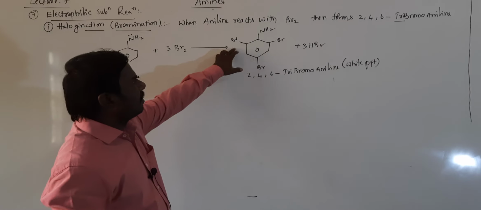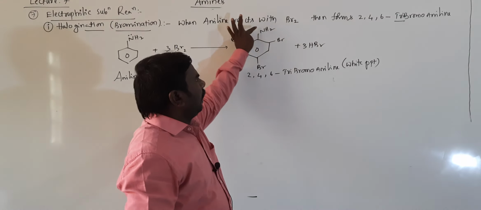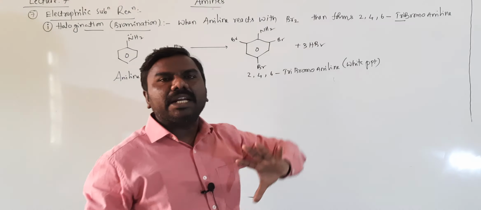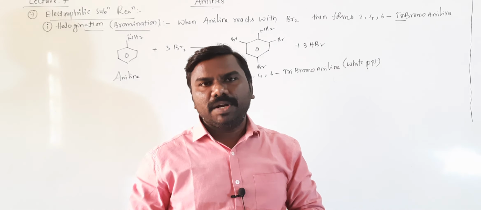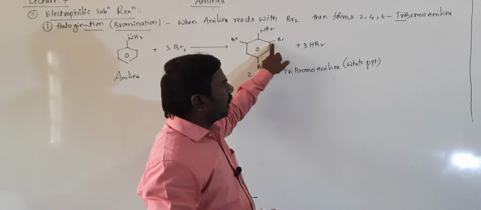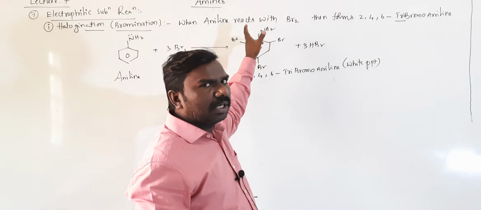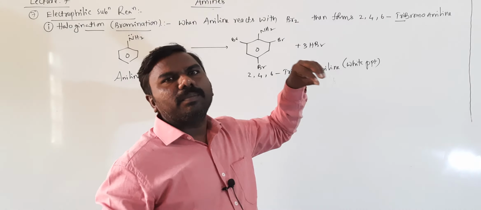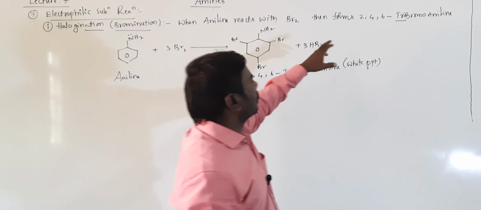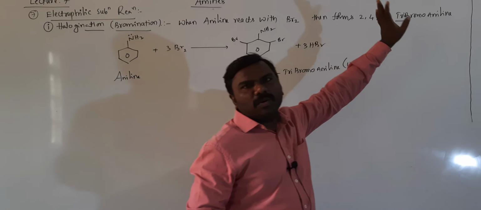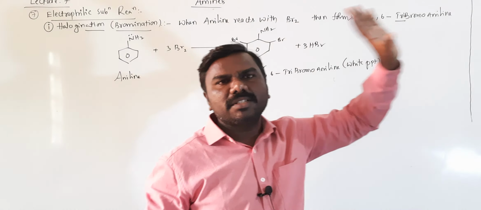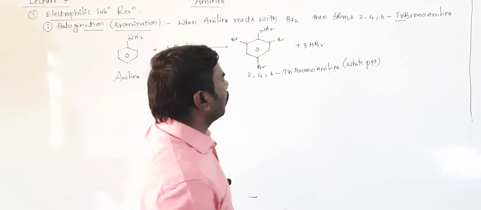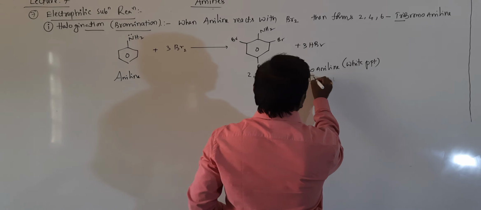So it is a tri-substituted because NH2 group is highly activating group, powerful activating group. That's why negative charge at ortho position, para position and ortho position. All the positions are occupied. That's why we got the tribromo, tri-substituted aniline is formed.